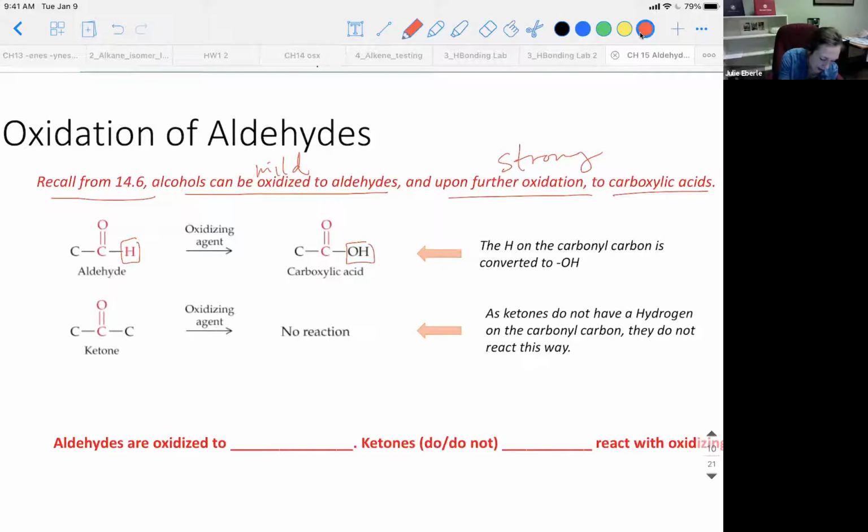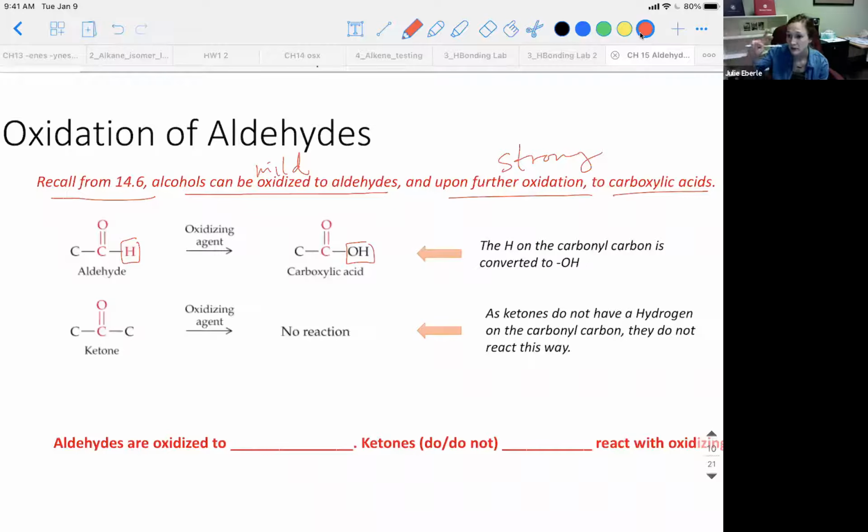So how many carbon oxygen bonds do we have on our aldehyde starting out? How many carbon oxygen bonds, individual bonds? Just count the number of carbon oxygen bonds. Yeah, we just have two individual.